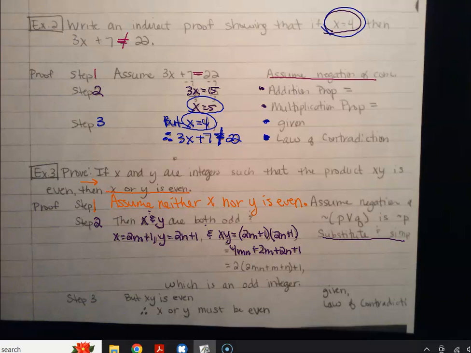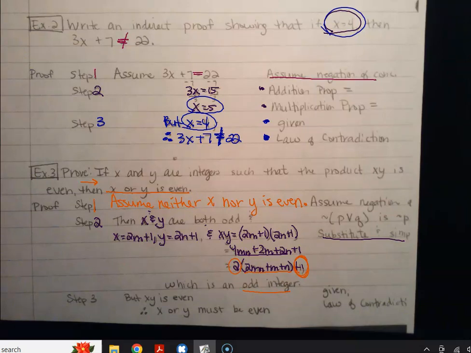These all have a 2 in them, so we can factor out a 2. So we're left with 2 times (2mn plus m plus n), and then plus 1, which is an odd integer because we factored this 2 out. So we're taking 2 times some quantity and then adding 1. That makes it an odd integer.